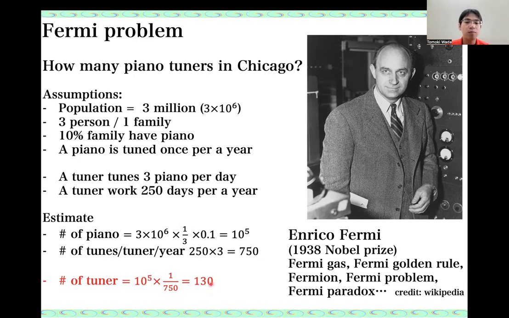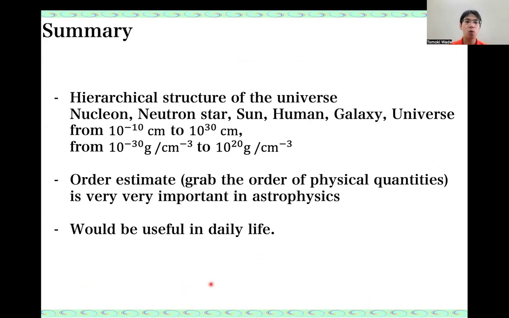This is called a Fermi problem. And at the end of this movie, I would like to introduce a few examples of this kind of problem. Please try them. Okay, here is a summary of my talk. I showed the hierarchical structure of the universe. There are many objects: nucleon, neutron star, sun, human, galaxy, universe, from 10 to the power of minus 10 centimeter to 10 to the power of 30 centimeter.